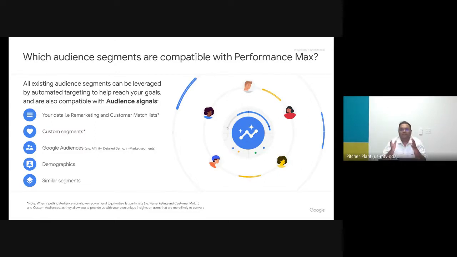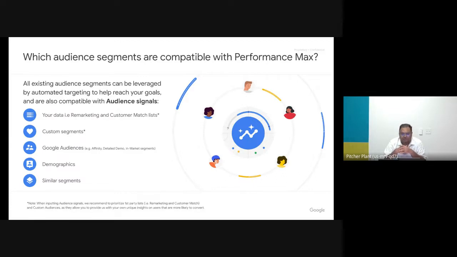So it may potentially serve ads to audiences that are not within that signal that you have put. But it's just a way to inform the machine that these audiences are likely to have higher value for your particular conversion event. We also get asked which audience segments can be used with Performance Max.